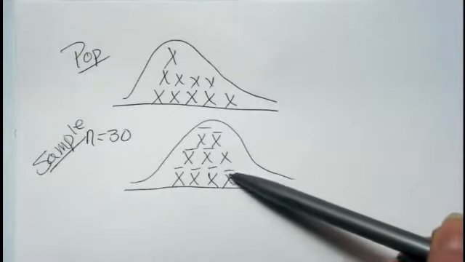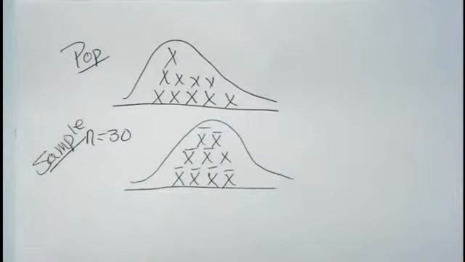And therefore, we can use the Z table on that. So the entire chapter is based on that premise. So I want you to be sure you understand the central limit theorem.